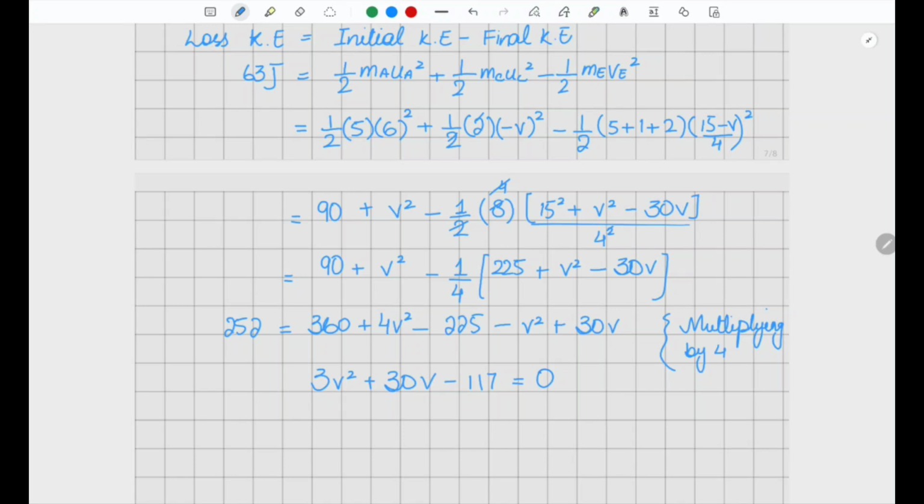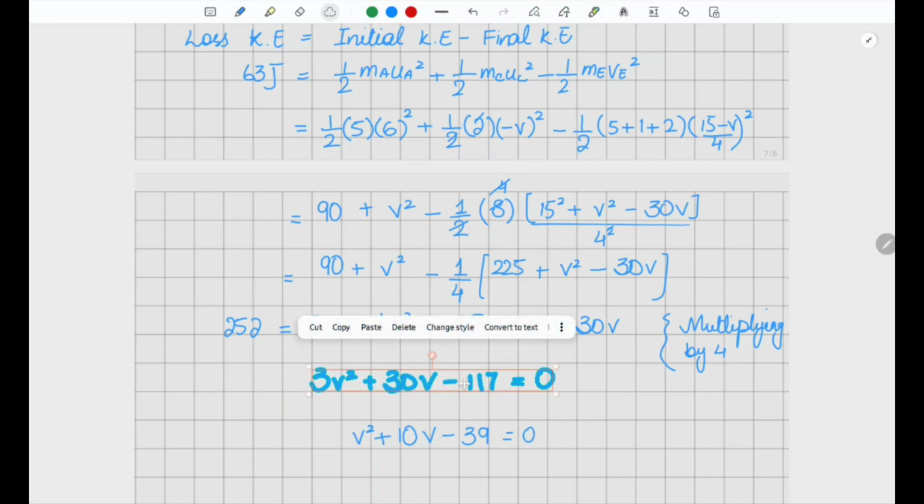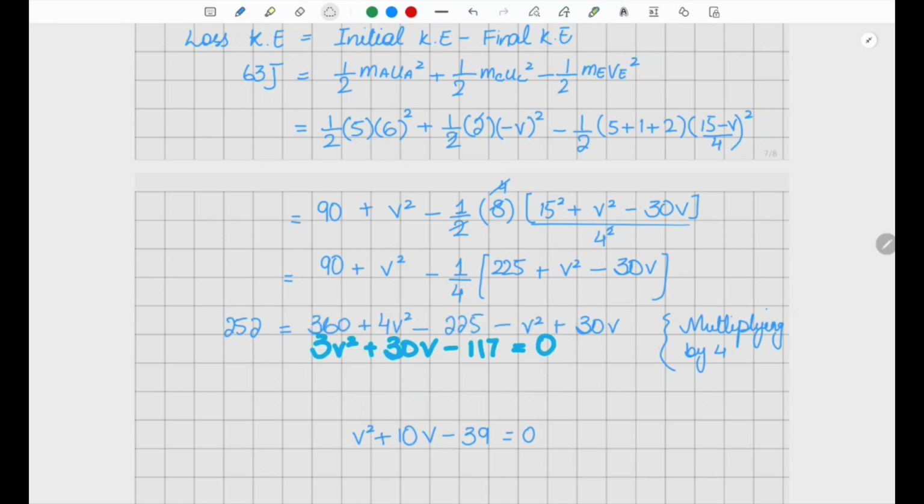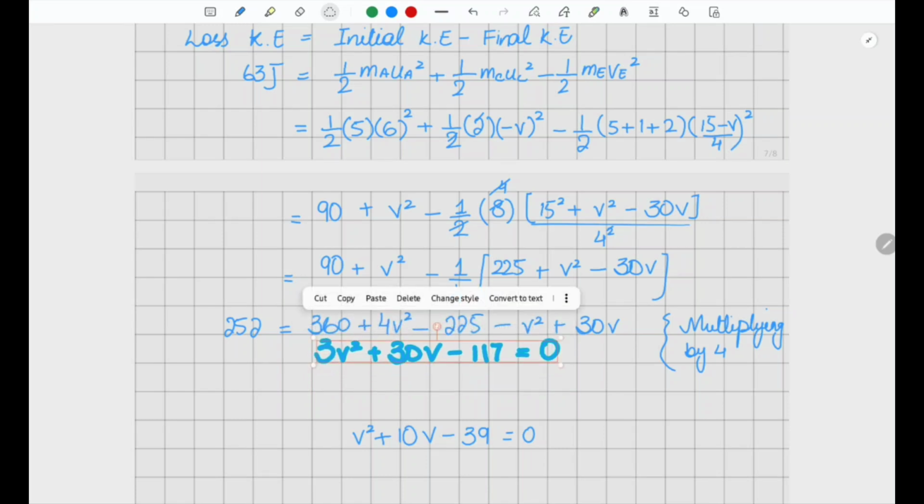Okay, so dividing the whole thing by 3, it will give you v square plus 10v minus 39. Now solving this quadratic equation will give you eventually two values of v. So which two factors could it be?